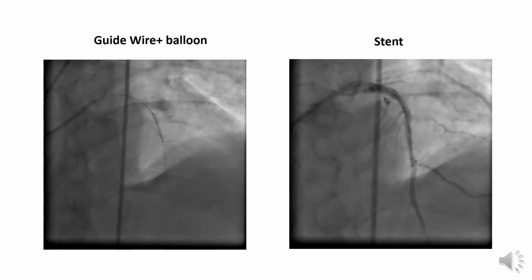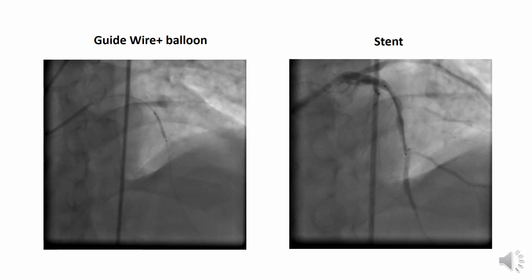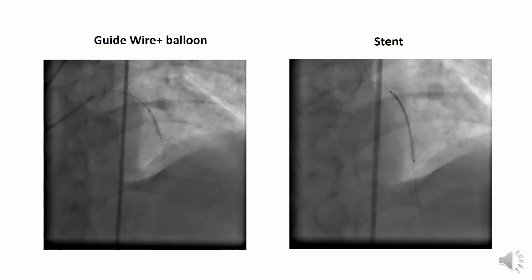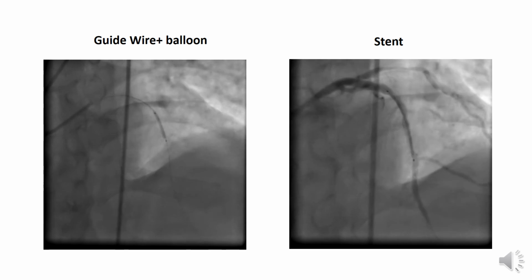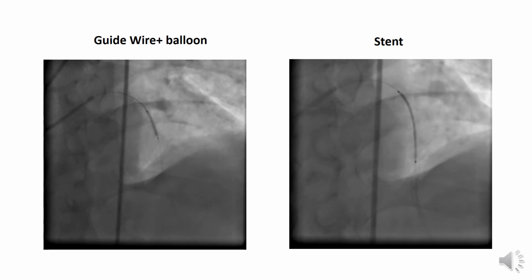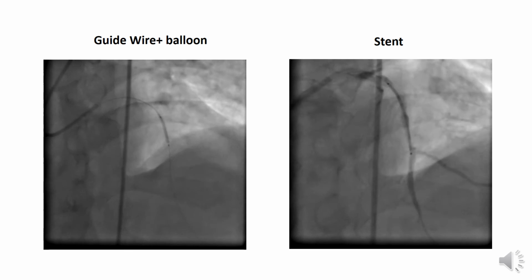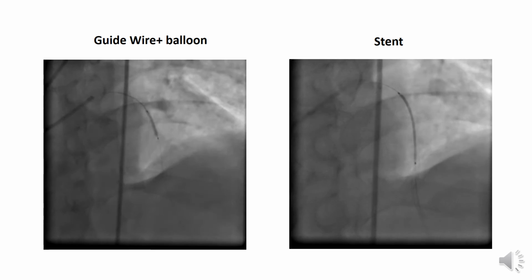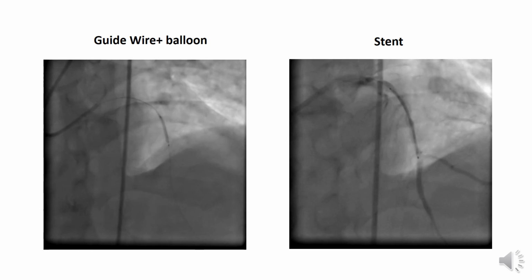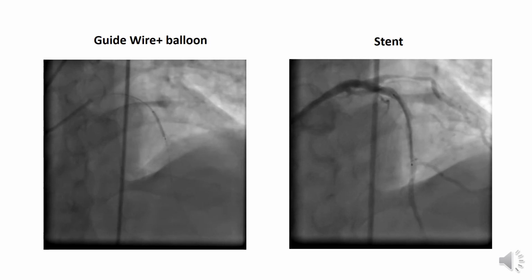Just a simple overview. Here we have a guiding catheter that is C-shaped, called an extra backup catheter or EBU catheter, and this view is right cranial. So we have this radiopaque thing, which is a guide wire across the vessel. We have something inflated with two dots, which is a balloon.